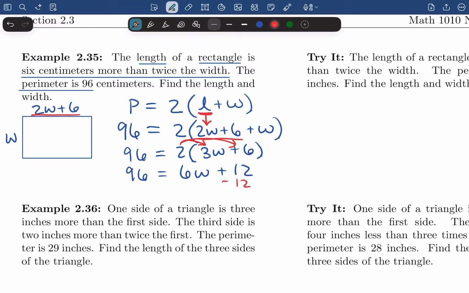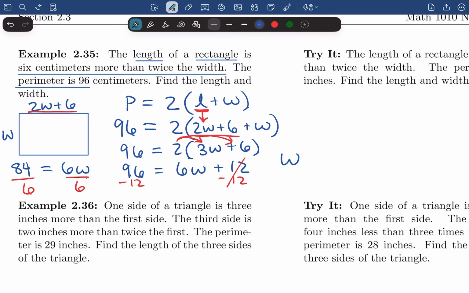You have to subtract 12. I'll write the result here on the left-hand side. So 96 minus 12, 84. And that's equal to now 6w. This stuff canceled. Now, divide by 6. And we find out that w, the width, is equal to 84 divided by 6, which is 14.